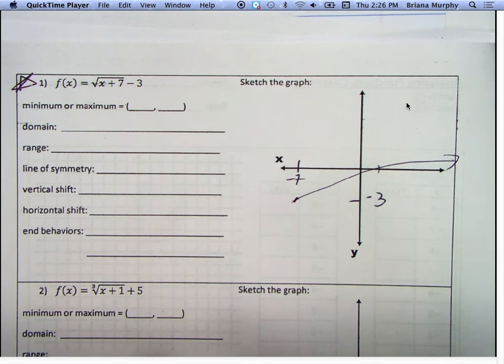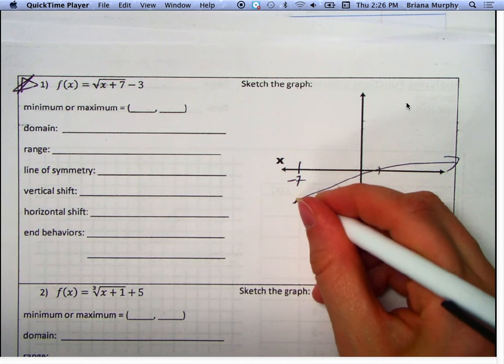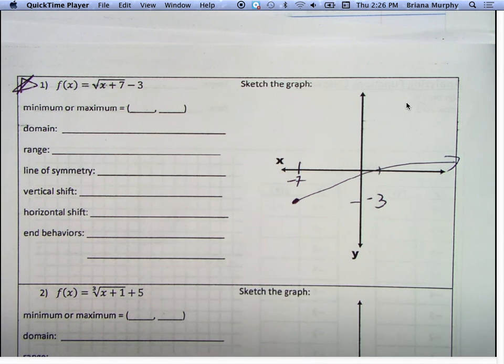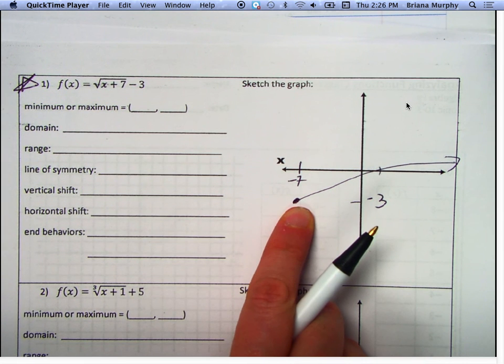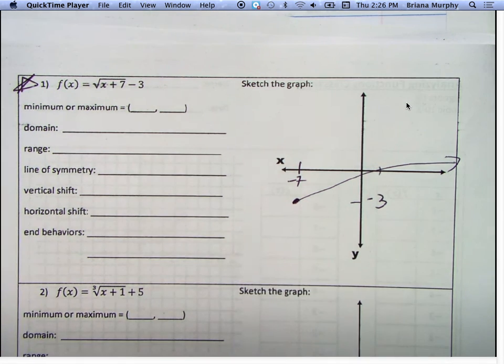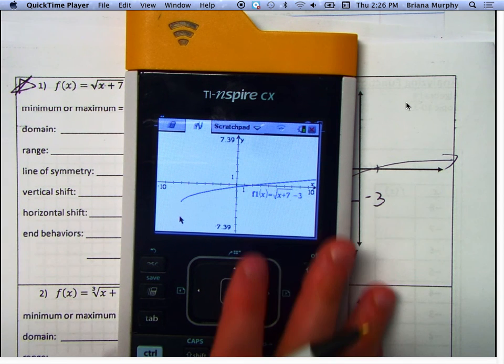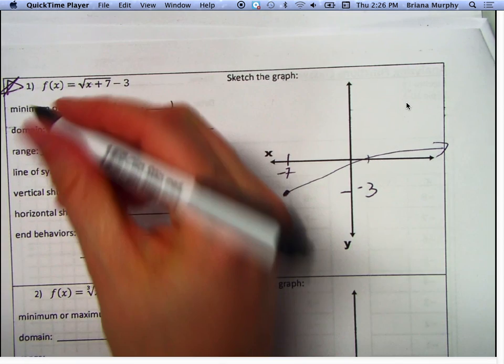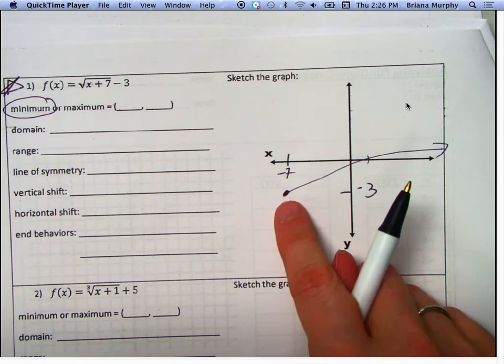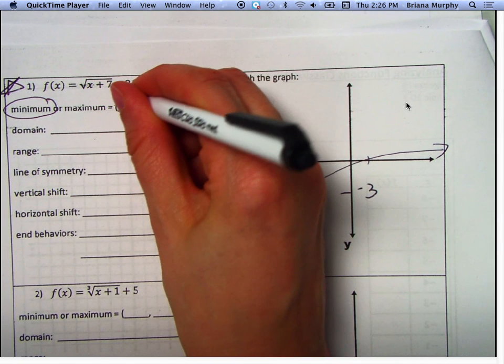Does it have a min or max? Does it have a point where it stops? Yeah, right here. Minimum. So it does have a minimum. It stops right here. Its minimum is negative 7, negative 3.